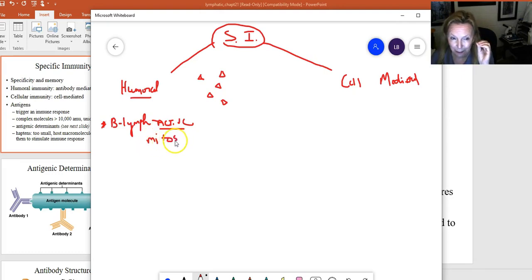Mitosis is a type of cell division, right? When these undergo mitosis, they become very specialized B lymphocytes called plasma cells.